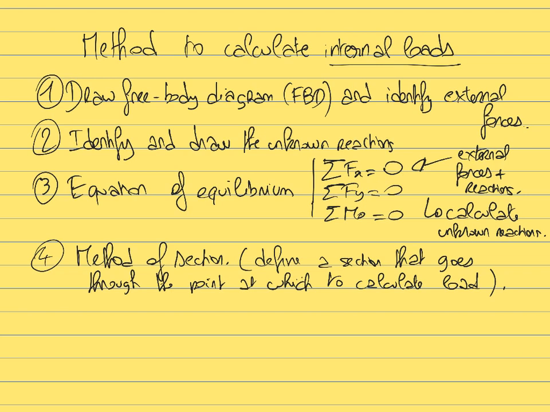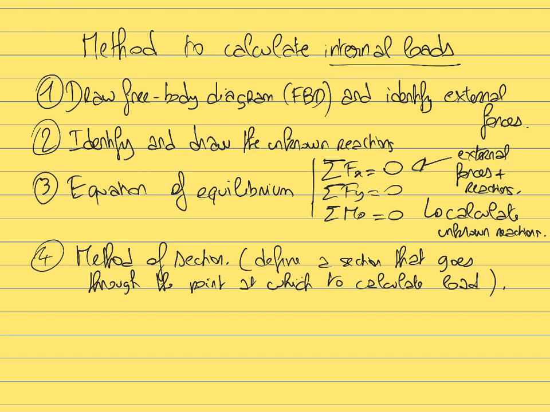So those are going to be the new unknowns, and those are going to be the internal loads. The internal load is the force applied by the left to the right, or the right to the left, or the top to the bottom, bottom to top, at the point at which you want to calculate this load.